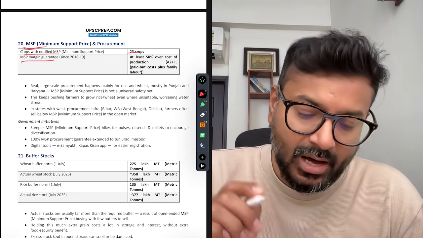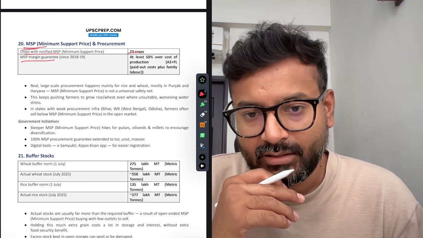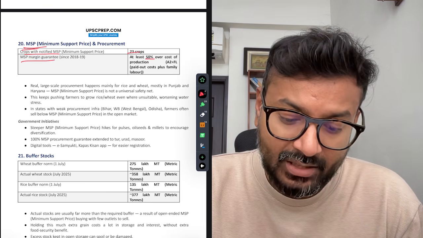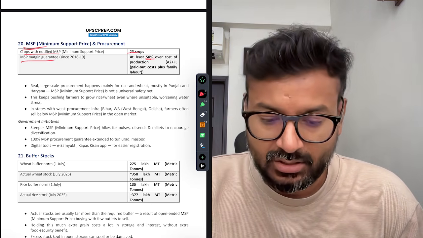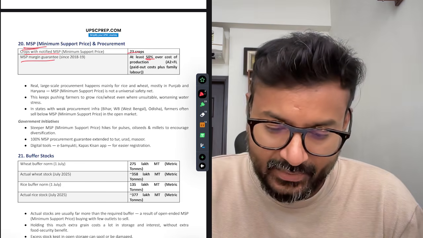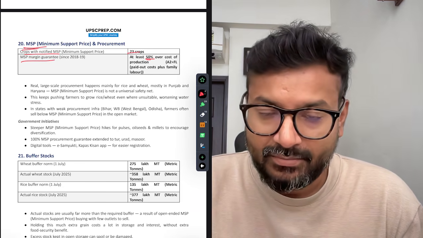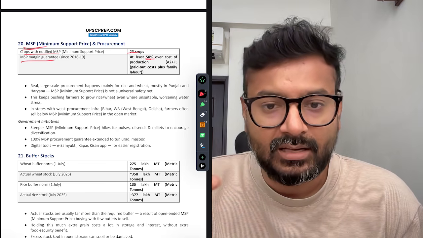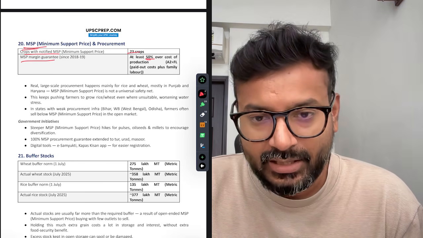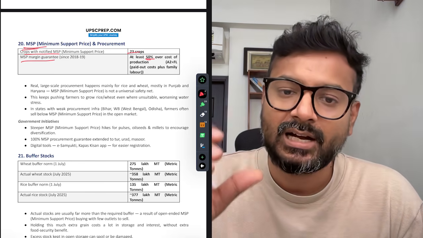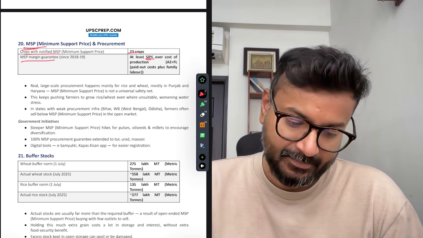Now the MSP margin guarantee that the government gives right now is at least 50% over the cost of production. The government has a formula, A2 plus FL, which is the total cost plus the family labor. An estimate is made of that and the cost of production is calculated, and the MSP is set at least 1.5 times above that.